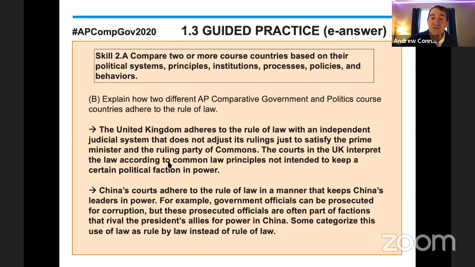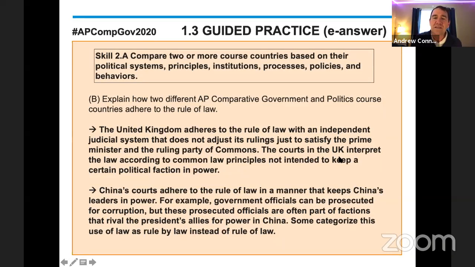Now, letter B is worth 2 points. You've got to do 2 different things. Explain how 2 different AP Comparative countries adhere to the rule of law. So this is where you want country-specific examples. So I put in here an example from the United Kingdom. It adheres to the rule of law with an independent judicial system. So I'm emphasizing that the branch is independent, that it does not adjust its rulings just to satisfy the prime minister and the ruling party.